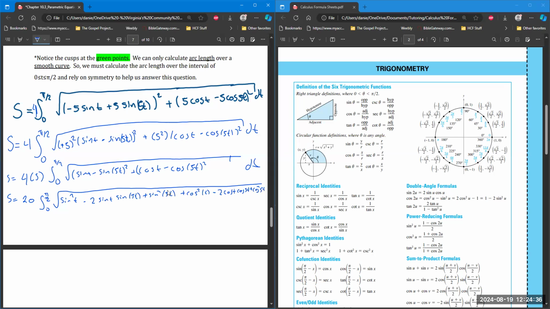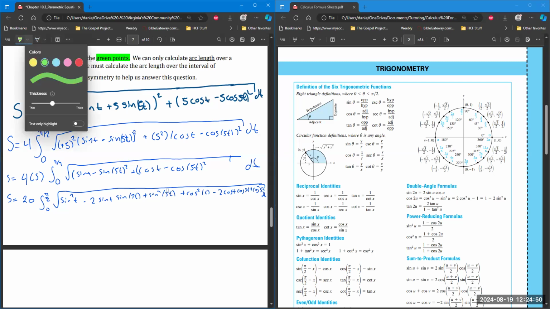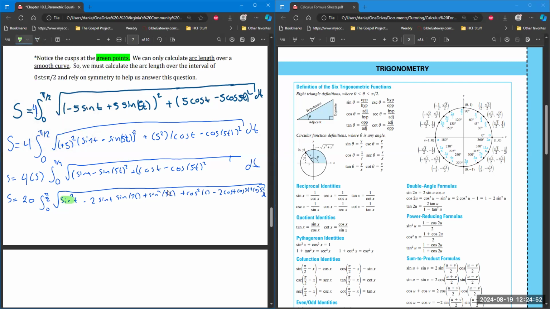So I'm going to highlight some things for you here. This sine squared t and this cosine squared t right there are going to make a 1.